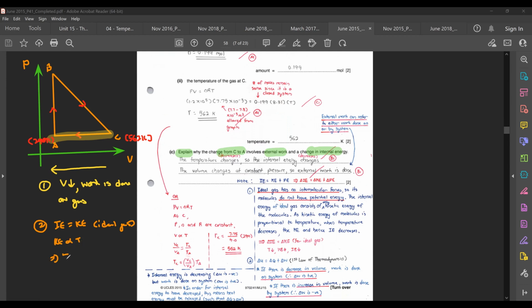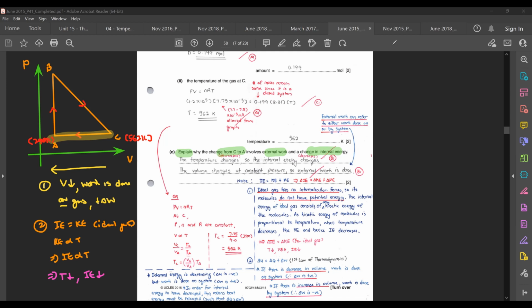Combining those two together, IE is proportional to T. Okay, so in your current case here, you could have said that from C to A, temperature decreases, so your internal energy decreases. And then for the first part above, your volume decreases, but it's done on gas. So you have positive delta W. That's what you would have normally deduced from here.